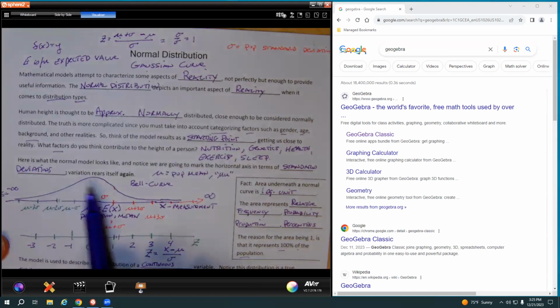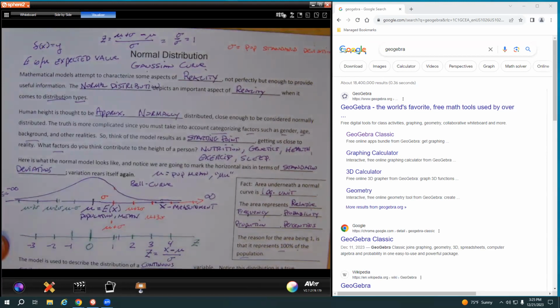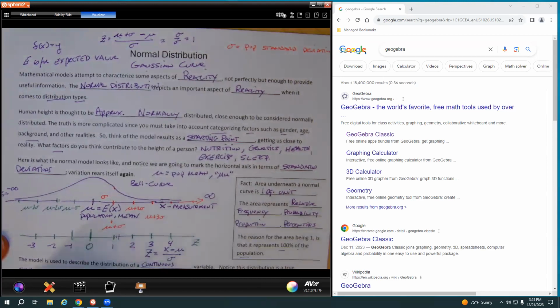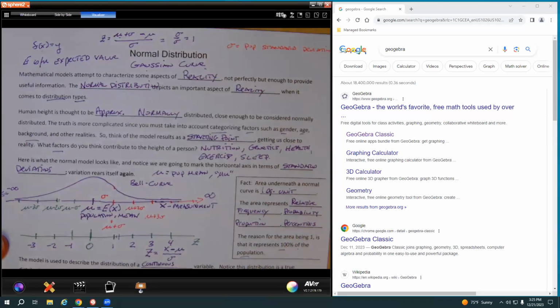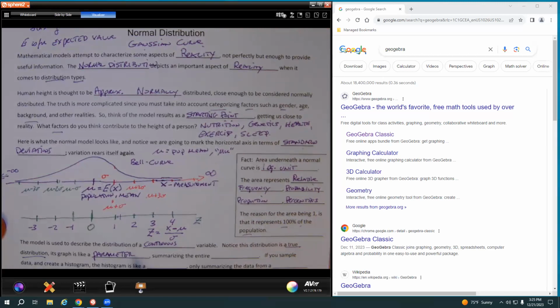Now, this graph, the way I've drawn it, is a true distribution. And what the heck do I mean by true distribution? Well, the graph is just like a parameter. We talked about parameters in terms of summaries, but we can also talk about it in terms of a graph.